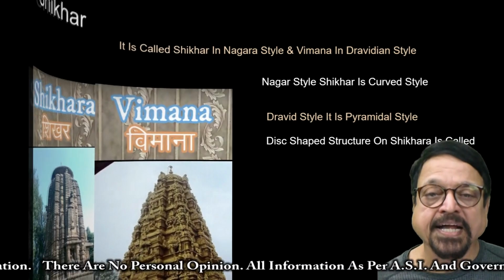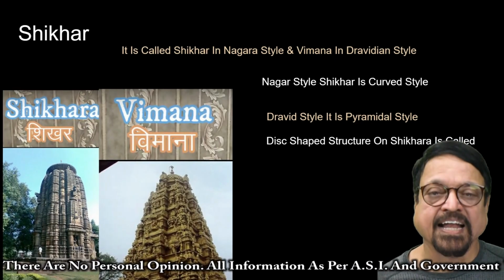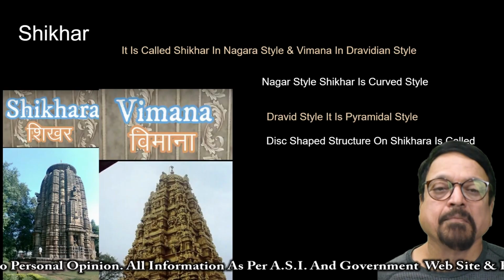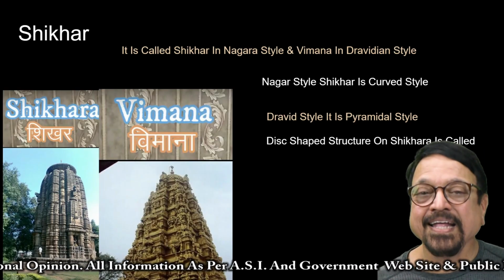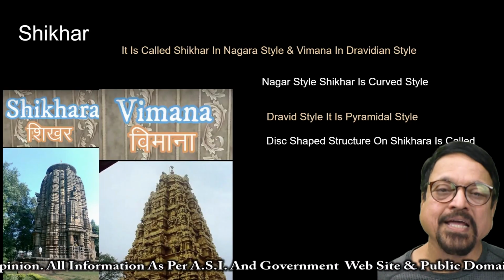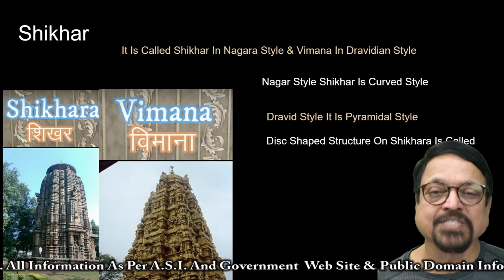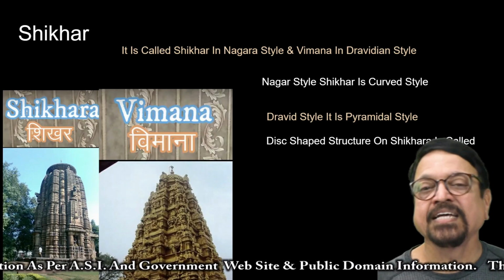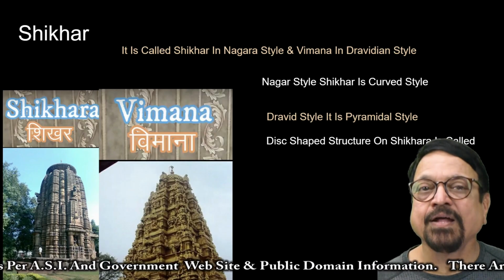Adaptation of Dravidian for Antarala is seen in Mahakuta. Where is Mahakuta? It is near Aihole or Pattadakal. But there it was seen for the first time, and then onward in most of the temples, even the Chalukyas had this.